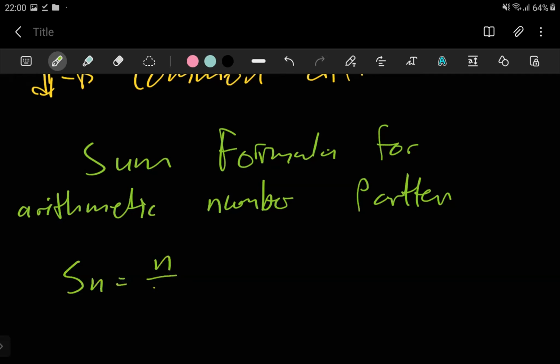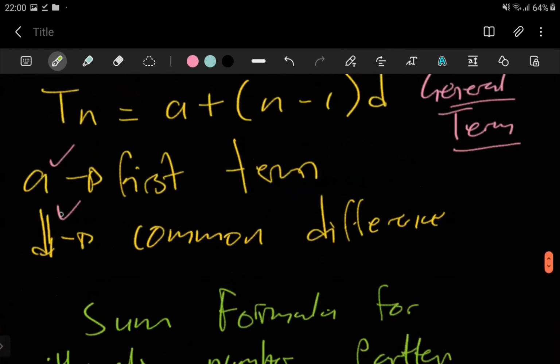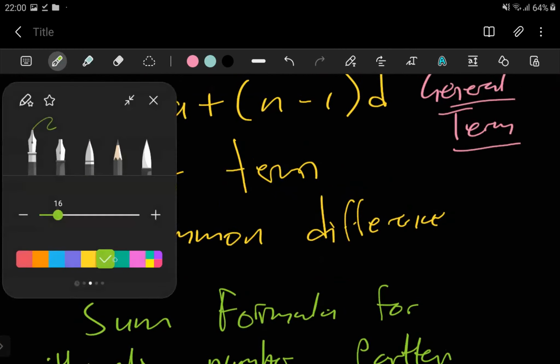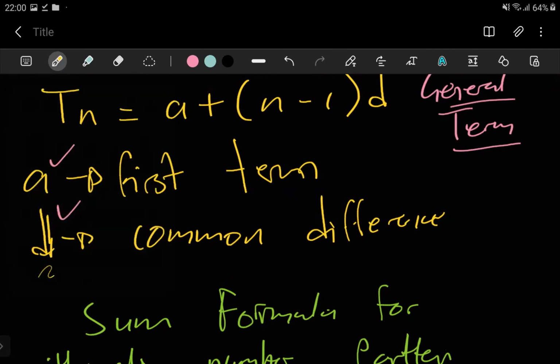And this is something you can just remember, because the way this question is set up, it looks like we have to know this formula. But we'll actually have to check the memo for this question and see what has been done so that we don't do things that are above our pay grade. So a is the first term, d is the common difference. The one thing we forgot here was n. n is just the position of a specific term.